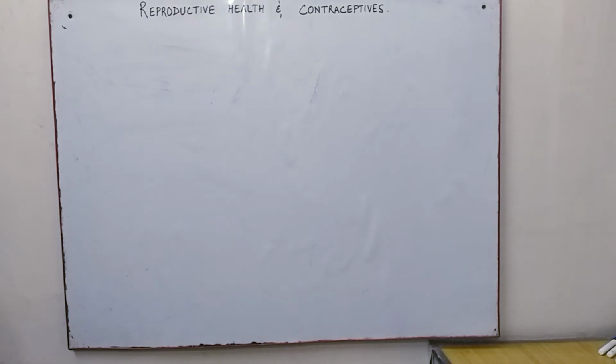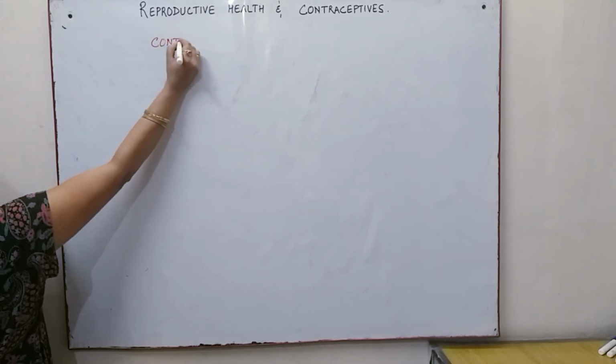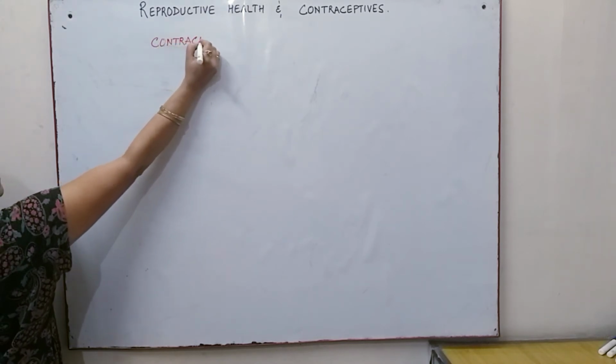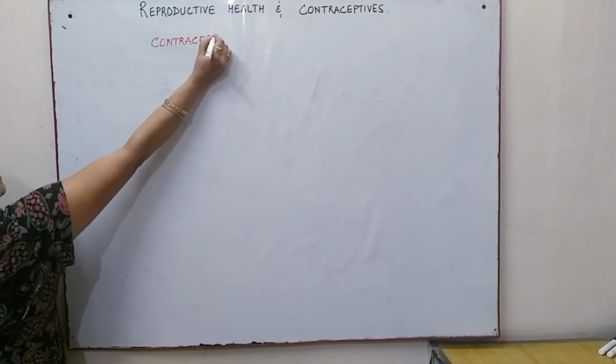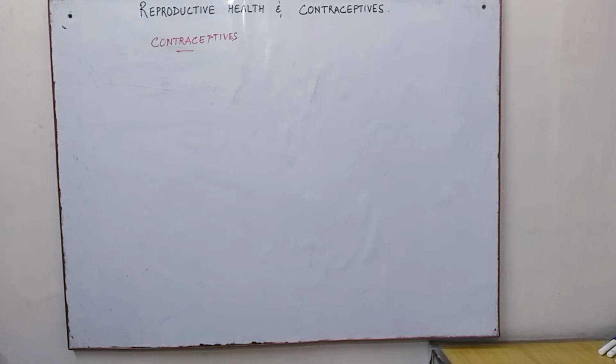Coming to contraception or contraceptives: contraceptives are the methods or devices which are used to avoid pregnancy.